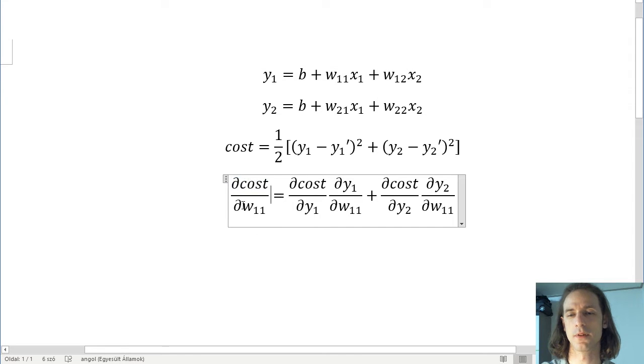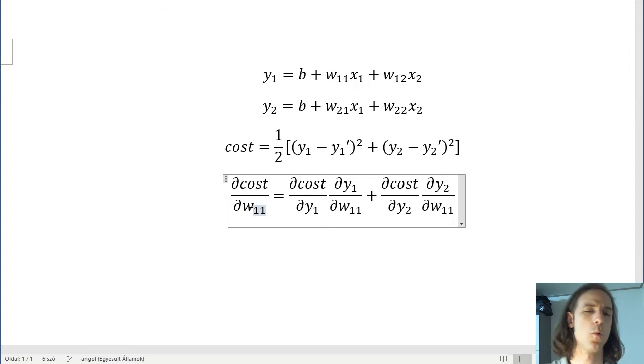This is, for example, the derivative of the cost function differentiating with respect to w11. If the derivative of the cost function with respect to this w11 is positive, that means that if we change this w in the positive direction, so it goes up, then the cost function also goes up.